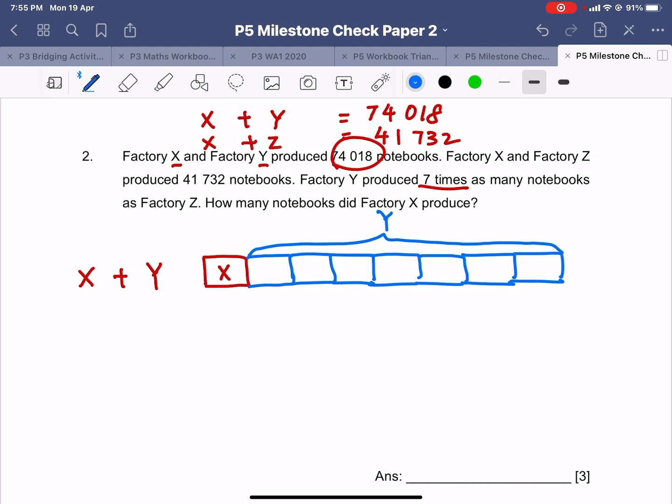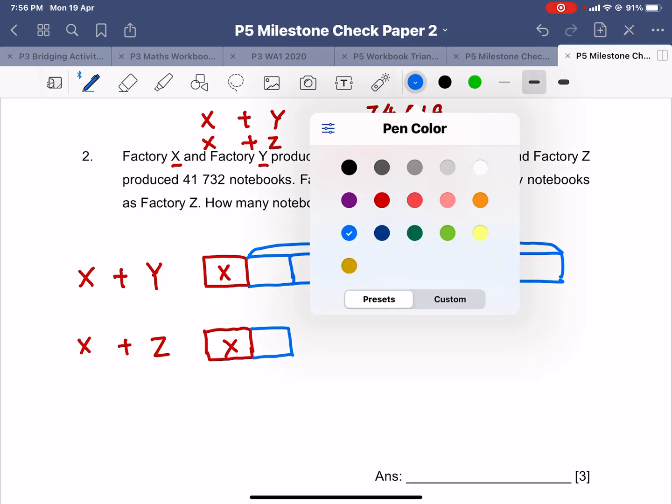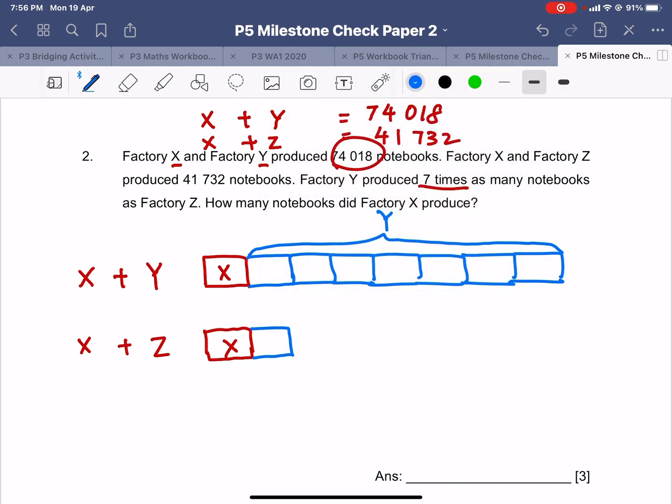Now the next sentence is this. Factory X and factory Z. Again, we have the same X, so we draw the same box. You notice the X tallies, same box. But now we are looking at factory Z, the lousy factory.